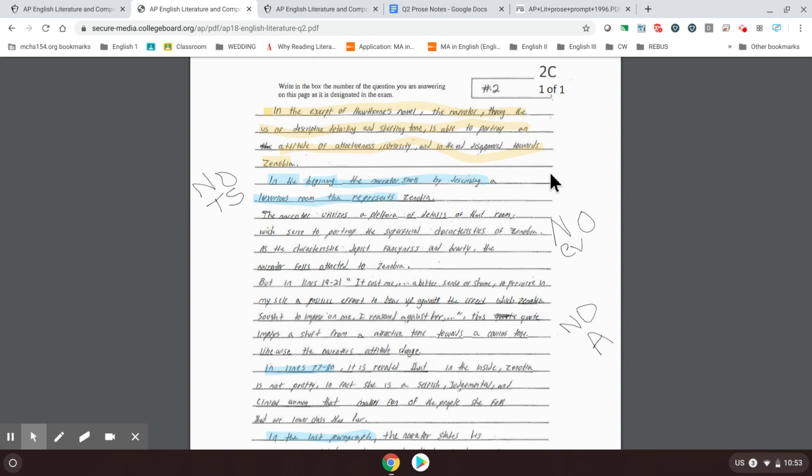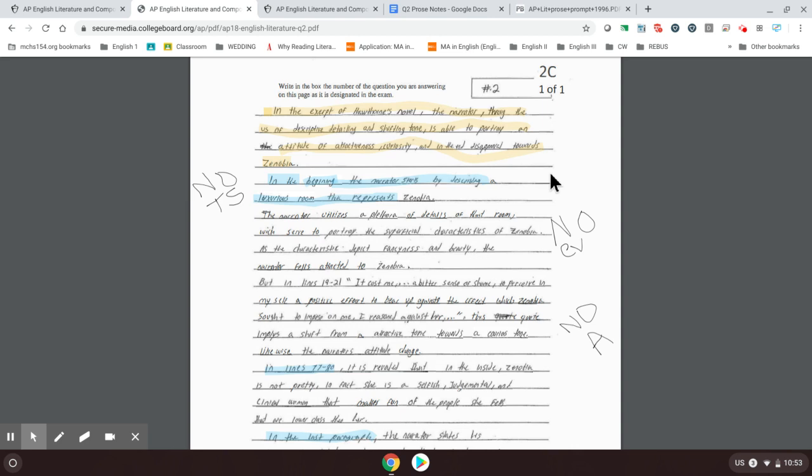All right. Finally, it ends with, as the characteristics depict fanciness and beauty, the narrator feels attracted to Zenobia. So we've got, and I've said this to some of you about your paragraphs, a couple of observations that this person is making about the text, but an observation is not analysis. Analysis comes with the how and the why. How does this description of the room have anything to do with Zenobia?